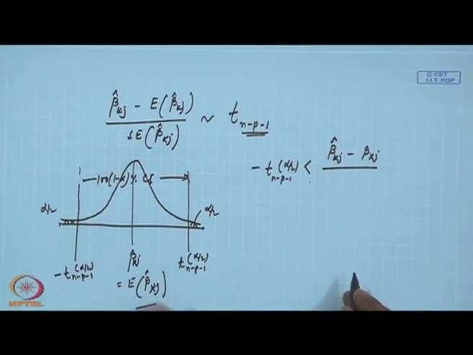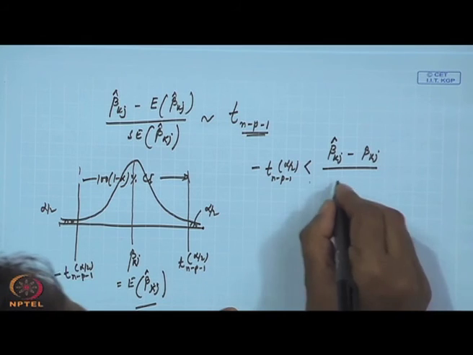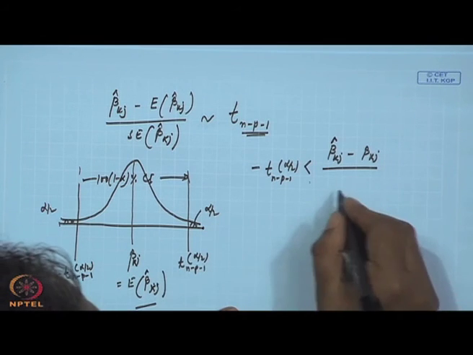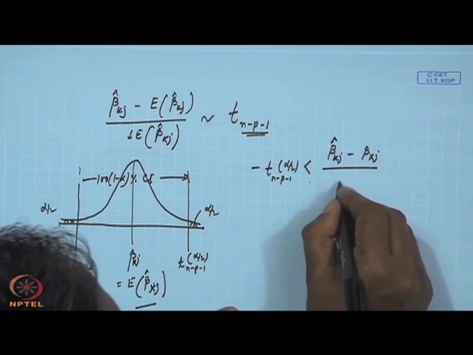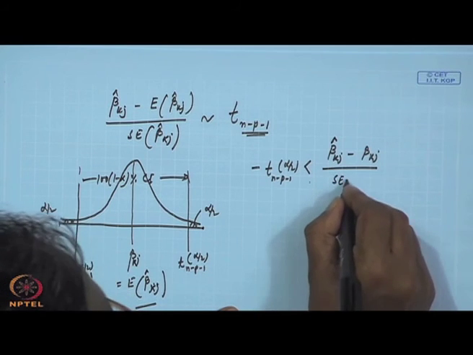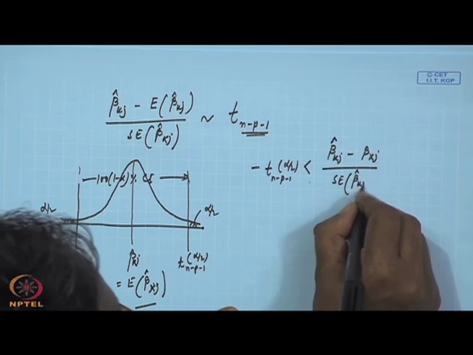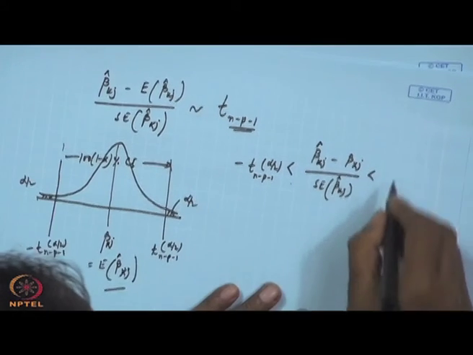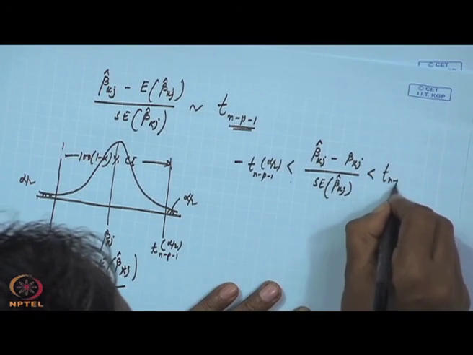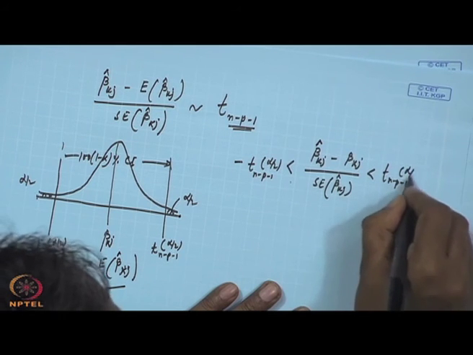That value will come here, so I will not write it out. Straightaway, beta kj is less than or equal to t with n minus p minus 1 at alpha by 2.